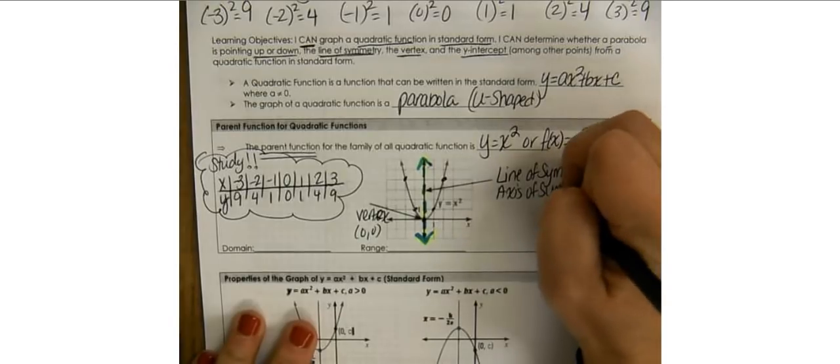So let me use a different color so you can see that. It's always going to be a dashed vertical line, and every single one of your graphs are going to need a line of symmetry. So this is your line of symmetry, also known as your axis of symmetry. Both of these terms are used interchangeably: axis of symmetry, line of symmetry. So if you ever see in directions, identify your AOS or identify your LOS, they mean the exact same thing.